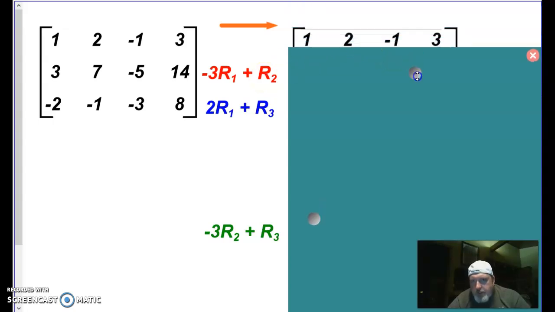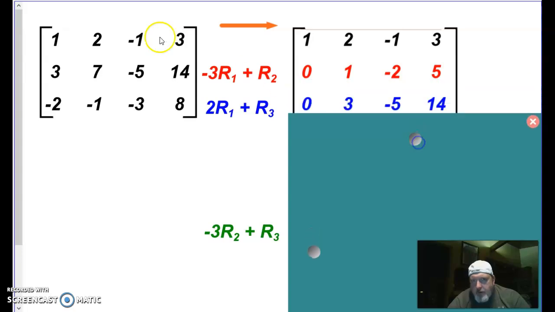So if you look over here, row 1 did not change. Notice we didn't write anything here, so row 1 stayed the same. Okay, our row 2, we're going to take negative 3 times R1. So each one of these numbers, we're going to multiply by negative 3 and add it to the number in row 2.